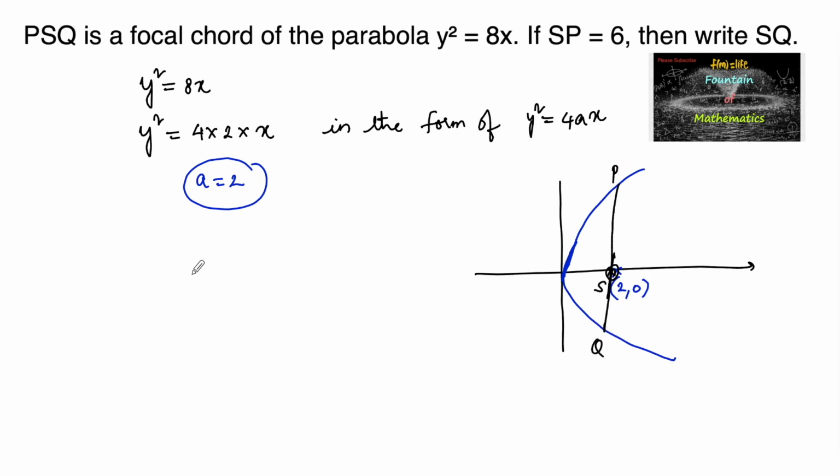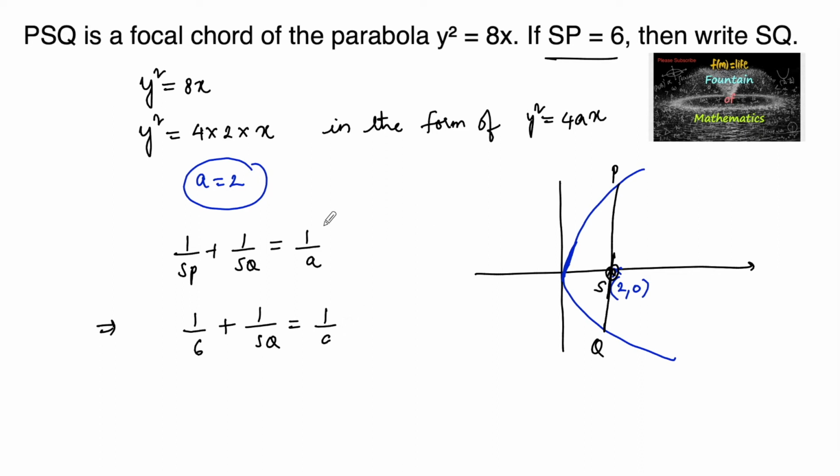And since we know by the properties that 1 upon SP plus 1 upon SQ is equal to 1 upon A, and it's given that SP is equal to 6. So 1 upon 6 plus 1 upon SQ is equal to 1 upon A, that is 1 upon 2.